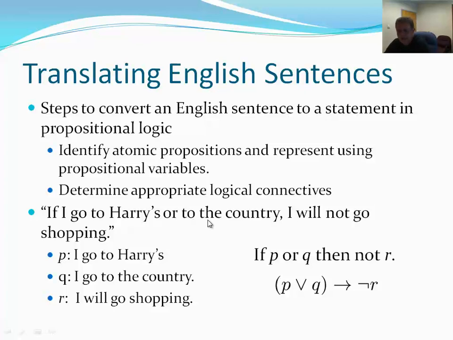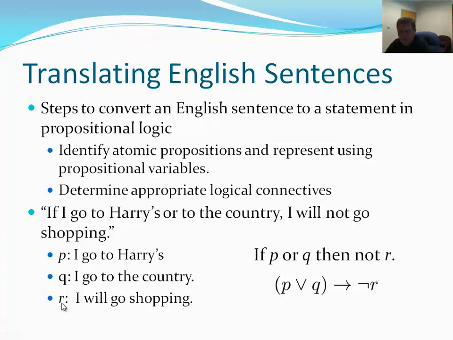Then, I go to the country would be Q. If I go to Harry's or to the country, then I will not go shopping, or I will go shopping. All right? That is another proposition, which gets its own propositional variable.